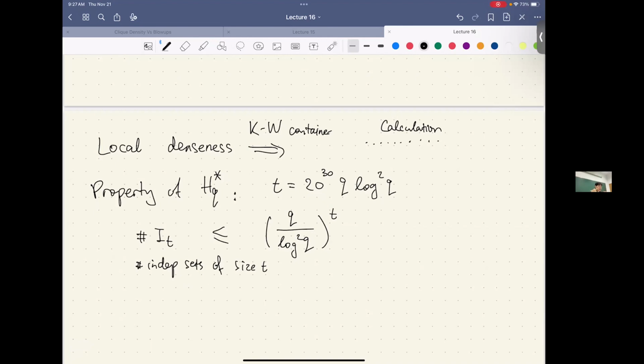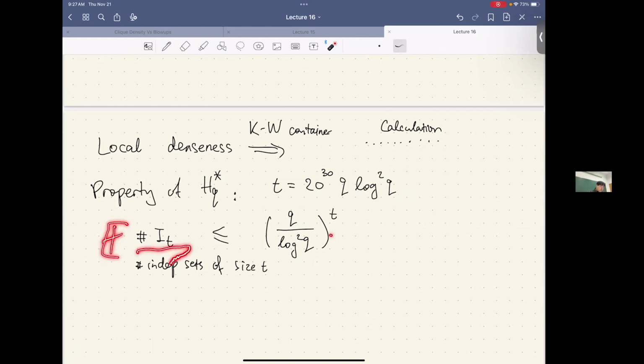It's already K4 free, but we want to reduce the independence number from Q squared to T. After sparsening, we want the expected number of independent sets of size T to drop below 1. Then that means there exists an outcome with no independent set of size T at all.